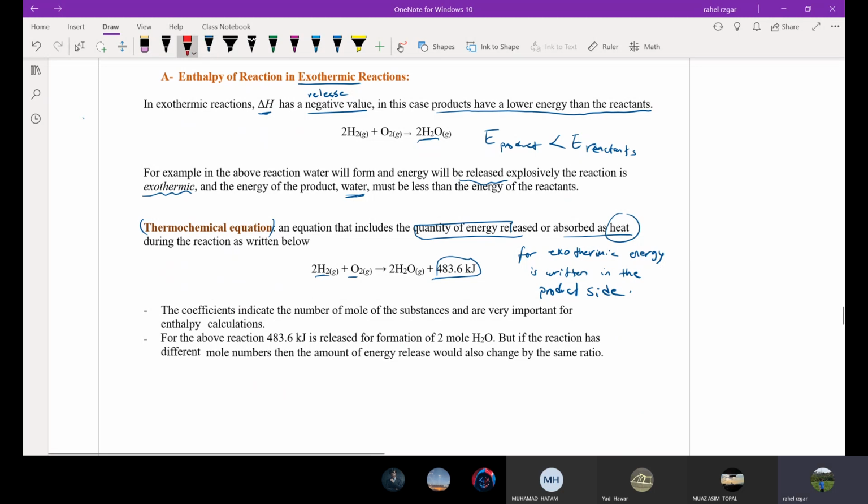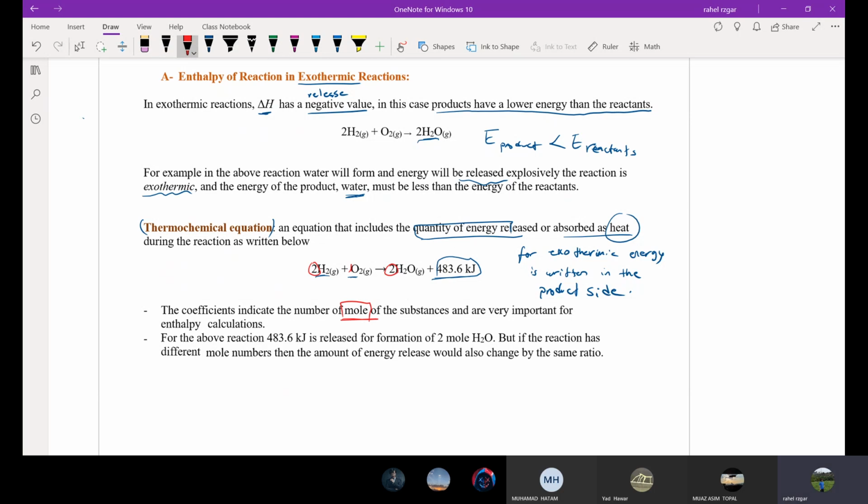As you can see, in this reaction, it's exothermic. And we have these numbers, the coefficients. The coefficients in this chapter indicate the number of moles of the substances and are very important for enthalpy calculation. So they indicate mole, amount of substance.